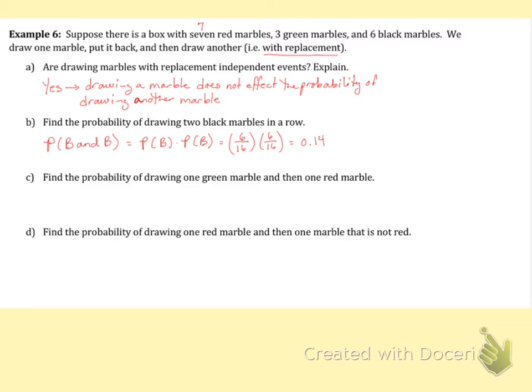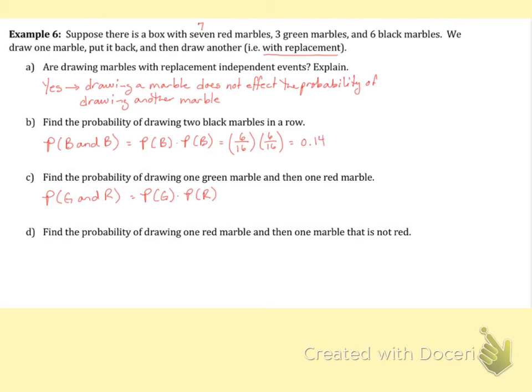So for part C, it says find the probability of drawing 1 green marble and then 1 red marble. So now we're finding the probability that we draw a green and then a red marble. Again, because these events are independent, I can multiply the probability of drawing a green marble times the probability of drawing a red marble.